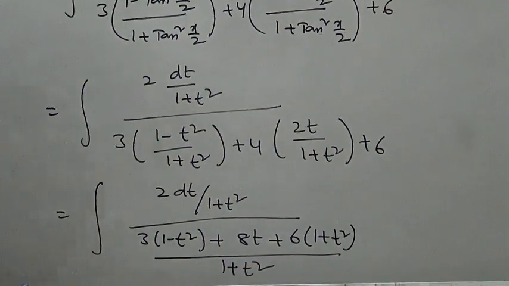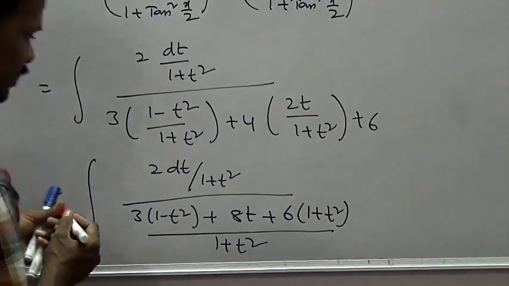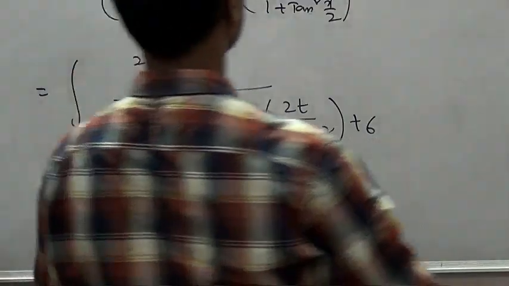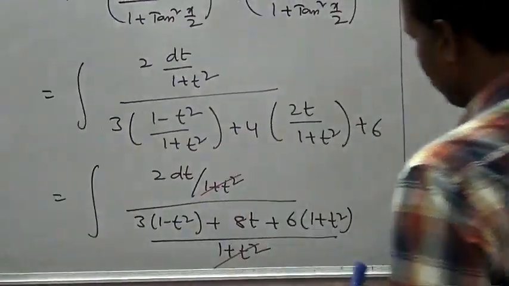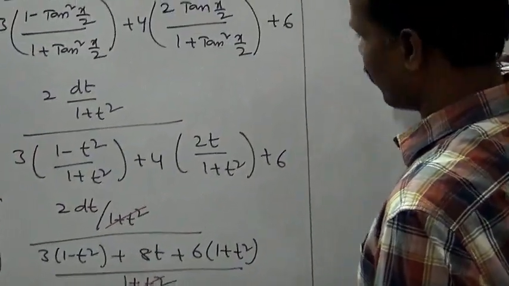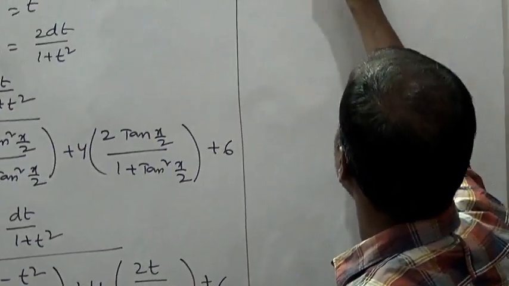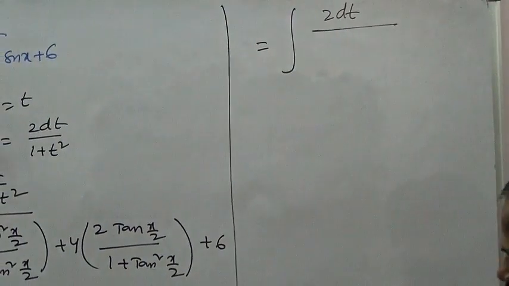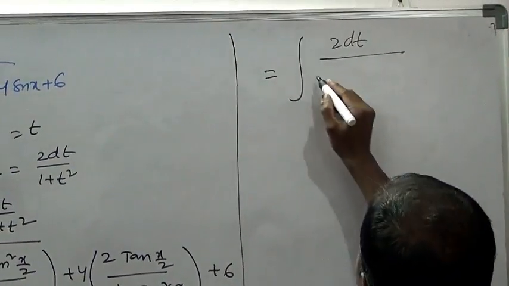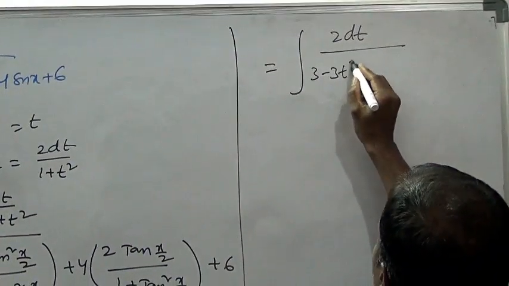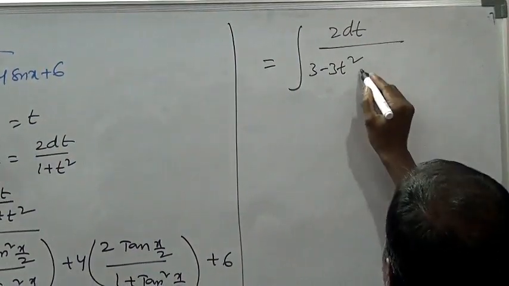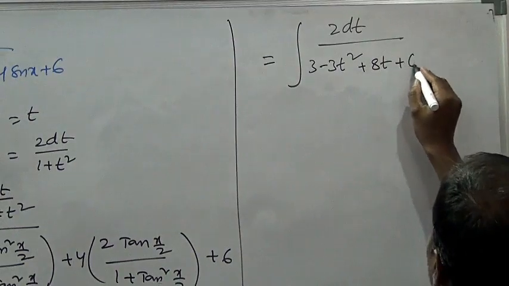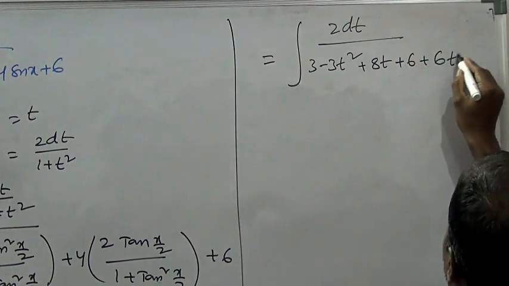Okay. Now in the denominator, 1 plus t square will be cancelled. So this is equal to integral 2 dt by 3 minus 3t square plus 8t plus 6 plus 6t square.